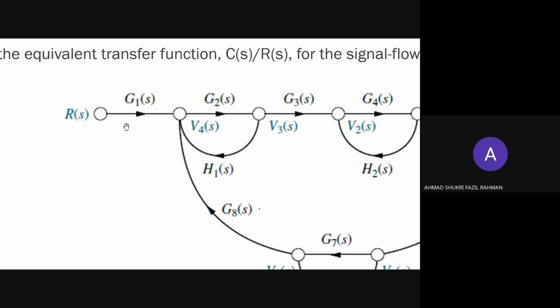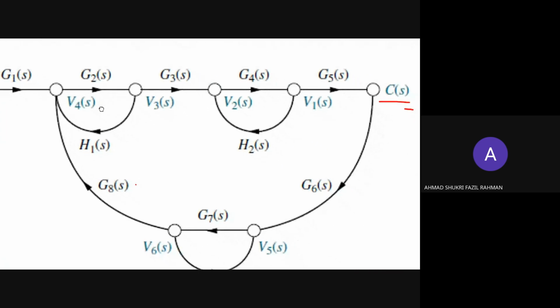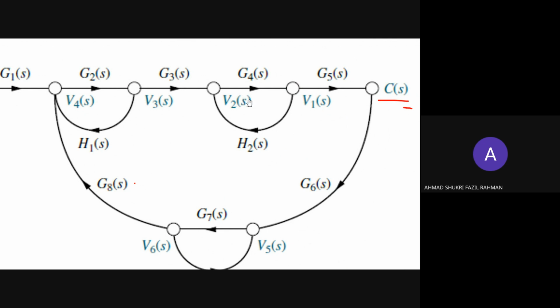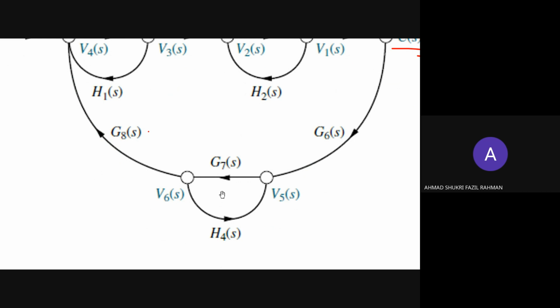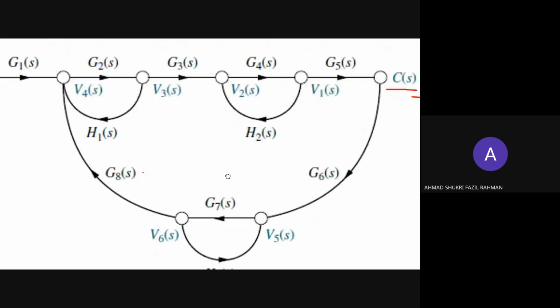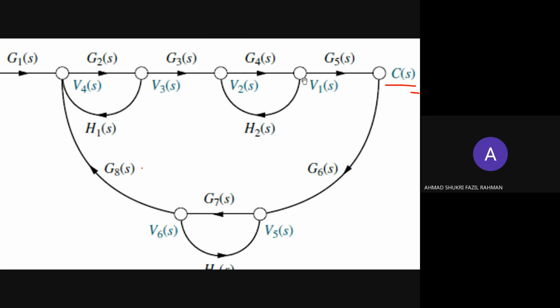This is one loop, which is a combination of G2 and H1. Observe the direction, and also that they start from this node, then go back to the same node, and this is loop number 1. And then we can also identify this as loop number 2, and then loop number 3. And then the final one. So this is very neat.